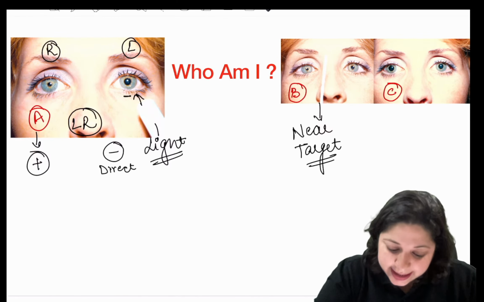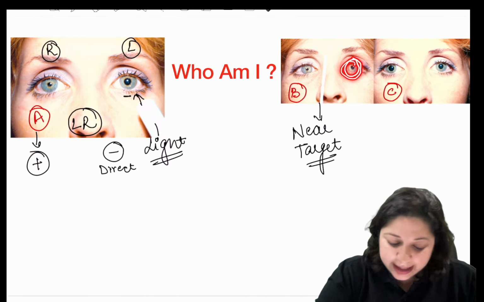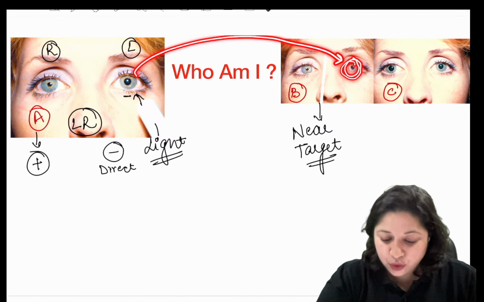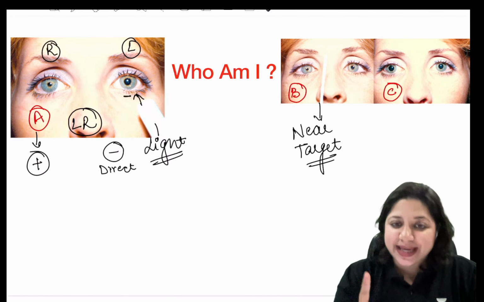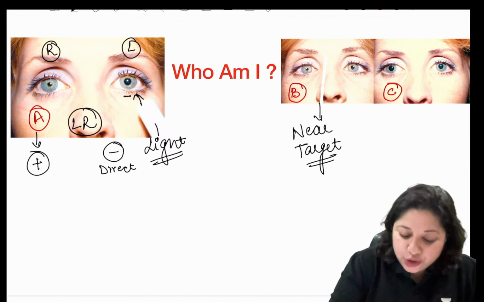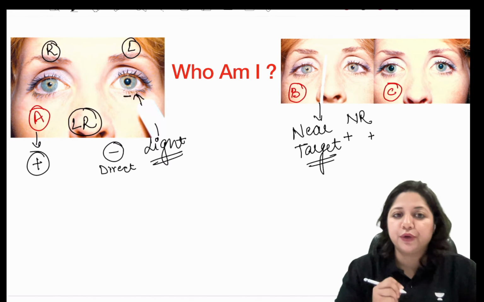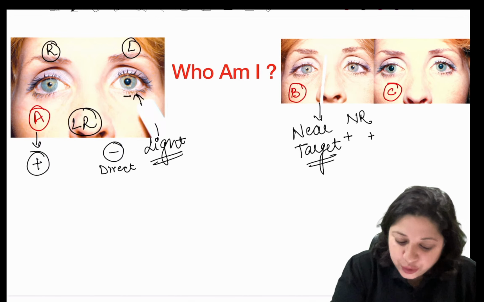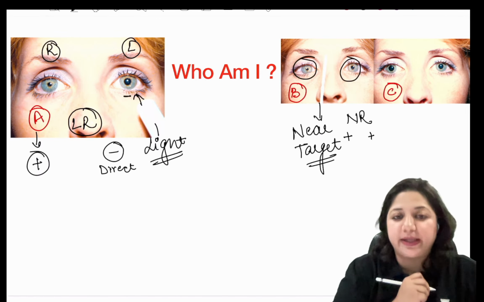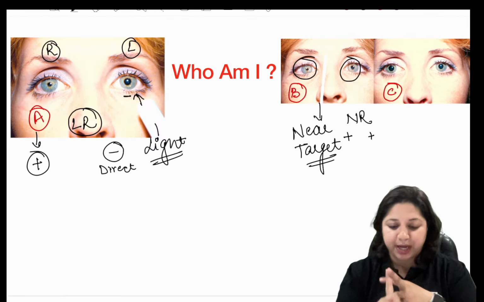Yes. The pupil has constricted here in comparison to this. So if you see the near reflex, the near reflex is present in both, right? When you show the near object, there is constriction here also and here also. So near reflex is present.